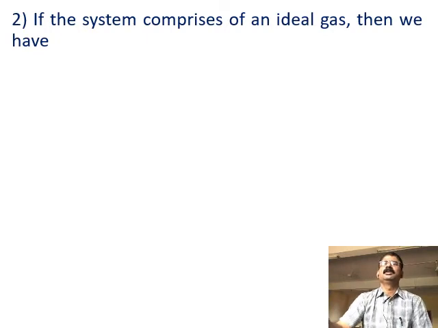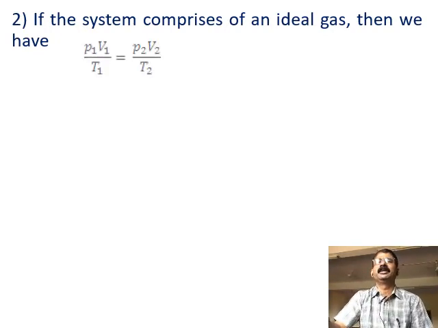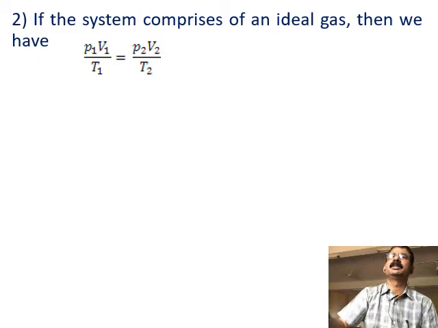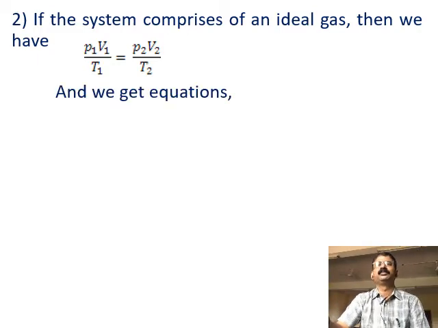Now, if the system comprises an ideal gas, then we have the PVT relationship as P1 V1 by T1 is equal to P2 V2 by T2. This is for a process 1 to 2 between states 1 and 2. State 1, P1 V1 by T1, will be equal to the property values PVT at state 2, that is P2 V2 by T2.